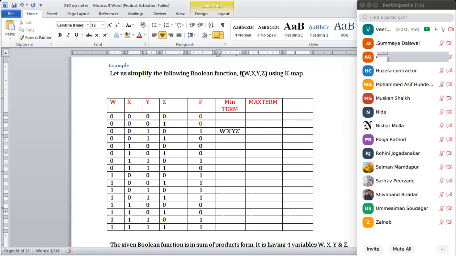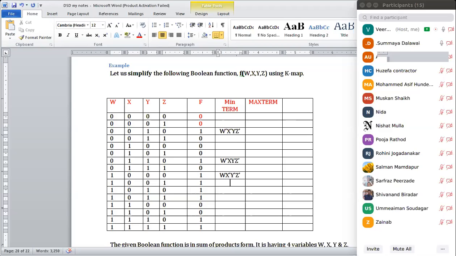Then here W bar, X, Y, Z bar. Z. And here W, X bar, Y bar, Z bar.